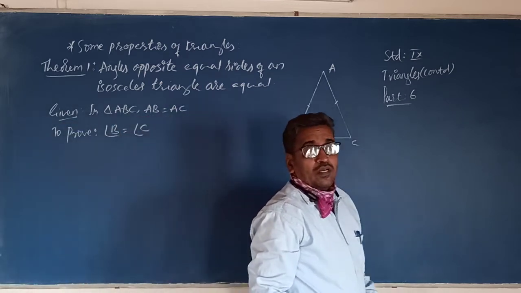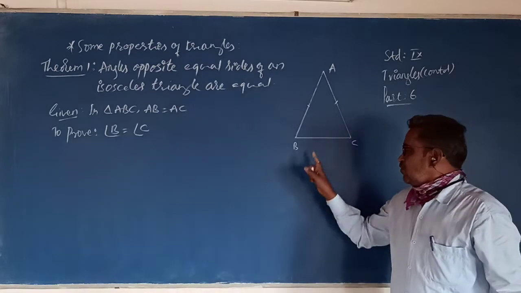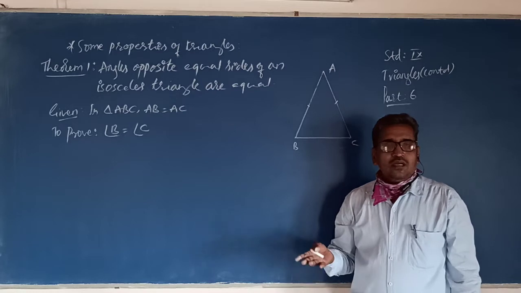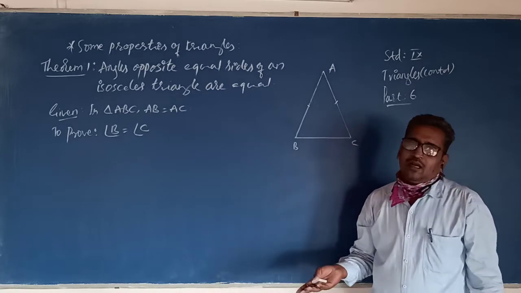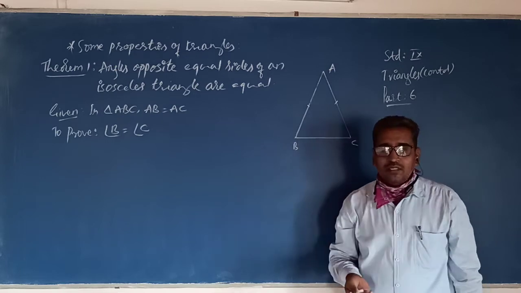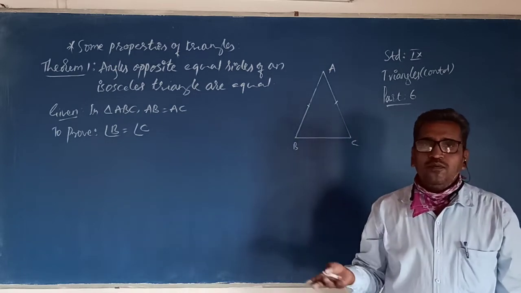When you observe the figure, by some construction activities, we can tell that if AB equals AC, then angle B is equal to angle C by measuring with the help of a protractor.